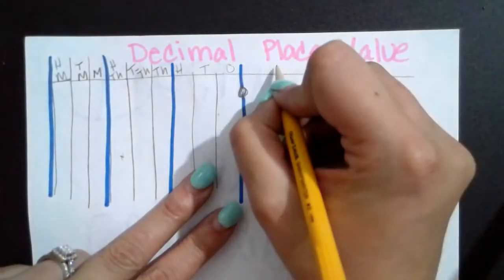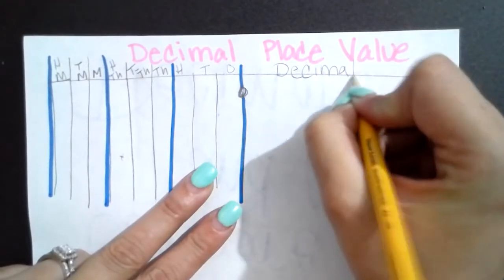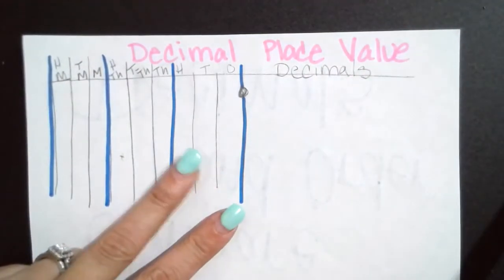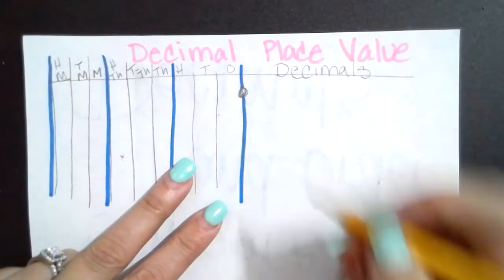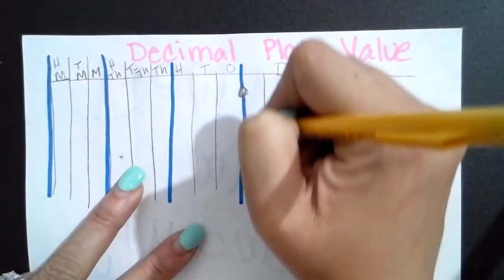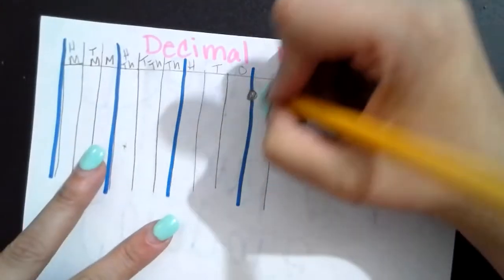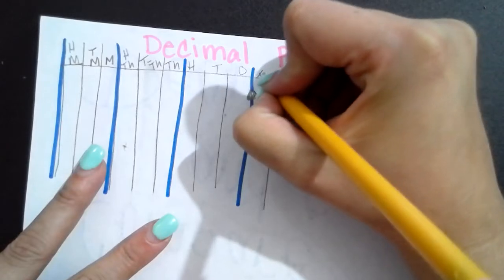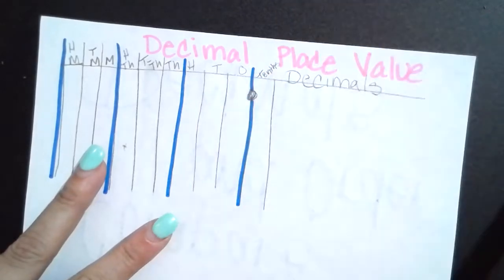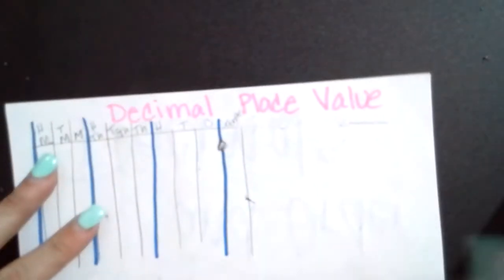On this other side, these are called decimals. And the way that they're going to go is, this right here is my tenths, and I'm going to write it right here. Tenths, and I'm going to move that word decimals. I'm sorry. Let me move that out of the way.